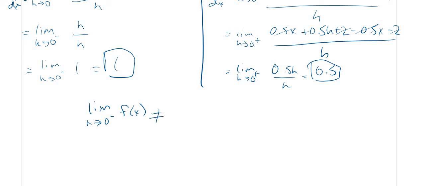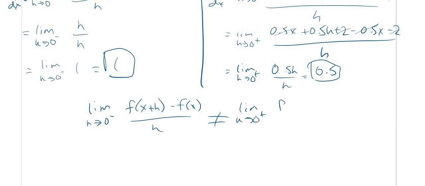So I'm actually going to write that a little bit better. We can use better notation here. I'm going to rewrite that as the limit as h approaches 0 from the left of f of x plus h minus f of x over h is not equal to the limit as h approaches 0 from the right of f of x plus h minus f of x over h.